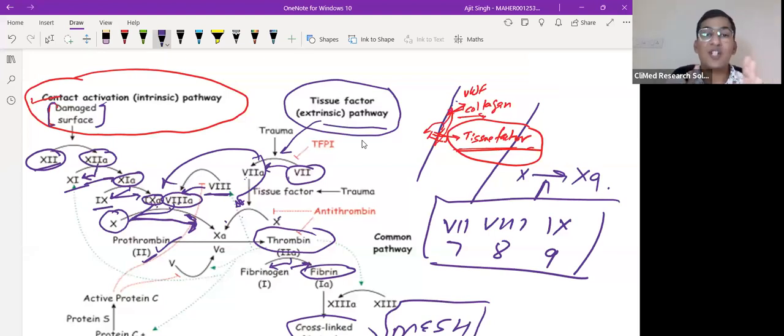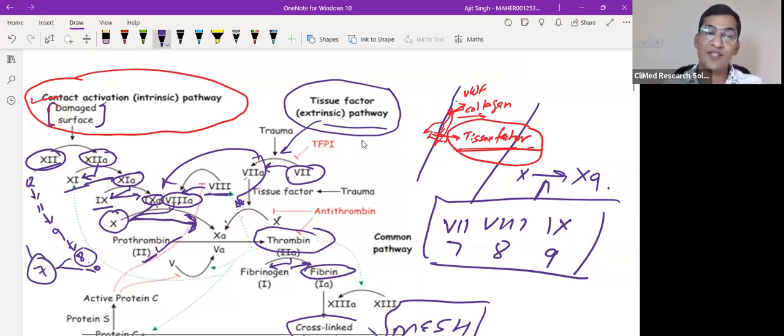So when I'm talking about intrinsic, simple, you understand here. 12 activates 11, 11 activates 9, 9 activates 8, and 8 and 9 both activate 10 along with 7 from the different sites. 7 gets activated from the tissue factor, and these all come together and activate second to second a, and second a activates first to first a.